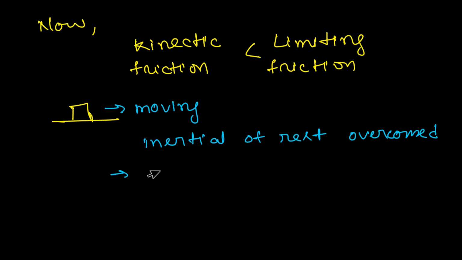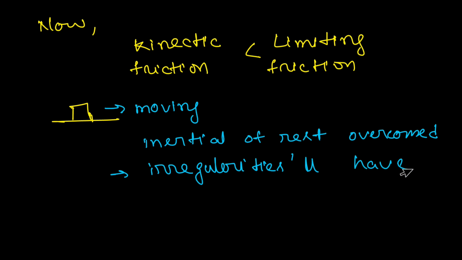And if the body is actually moving over the surface of another body, then the irregularities of one surface will have little time to get interlocked into the irregularities of the other surface.